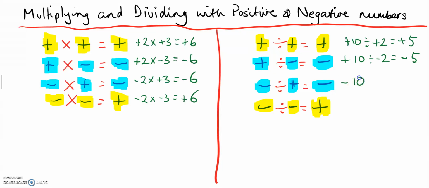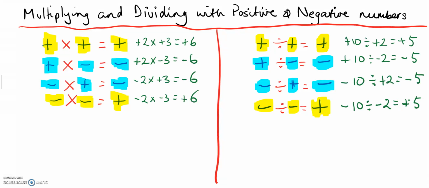A negative 10 divided by positive 2 this time will again give us 10 divided by 2 is 5. Negative and the positive gives us a negative answer, will make us negative 5. The last one here, negative 10 divided by negative 2 will give us 10 divided by 2 is 5. The negative and the negative will give us a positive answer.